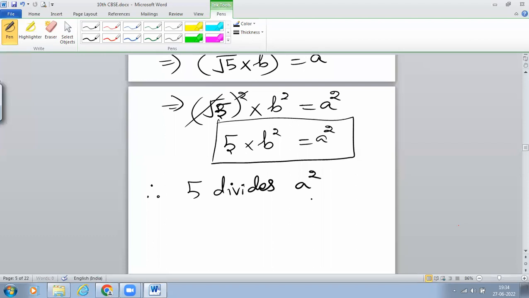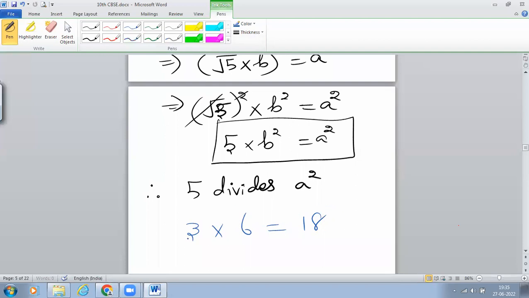Are you able to understand this? I'll give an example for that, for your understanding. For example, 3 into 6 is equal to 18. Listen, 3 into 6 is equal to 18 means the product of 3 and 6 gives you 18. Then we can tell this 18 is divisible by 3 as well as this 18 is divisible by 6. Yes or no?